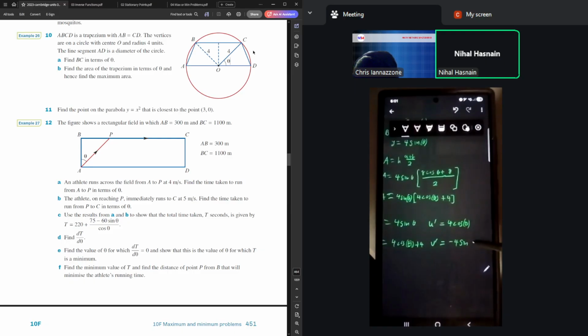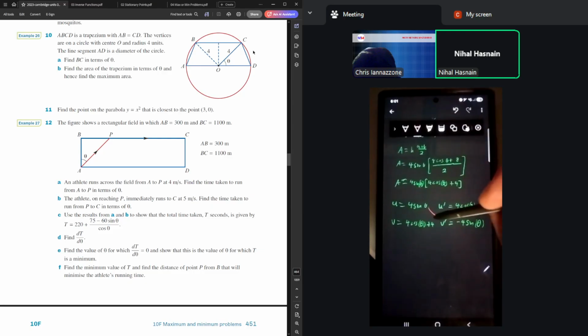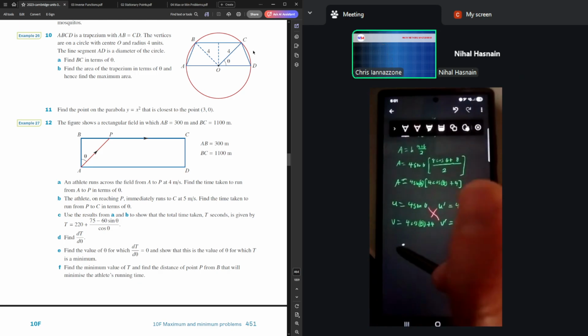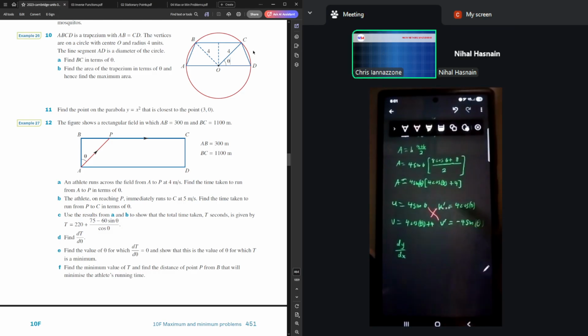So the product rule is u v dash plus v u dash. Yeah, that's right. You just go on the diagonals.